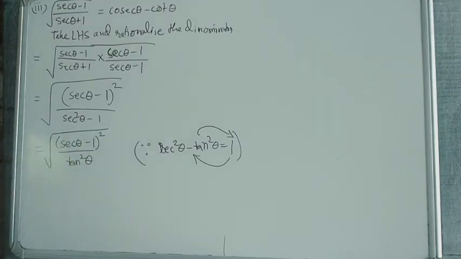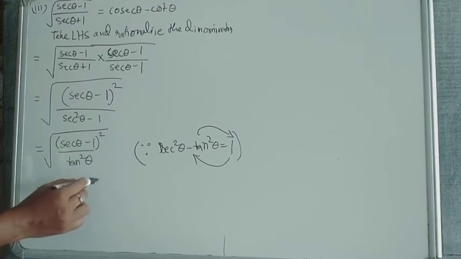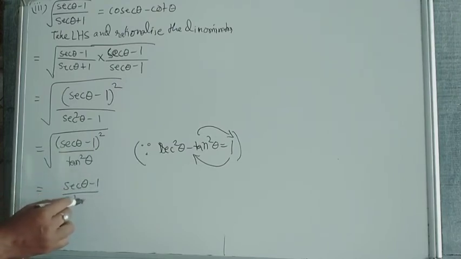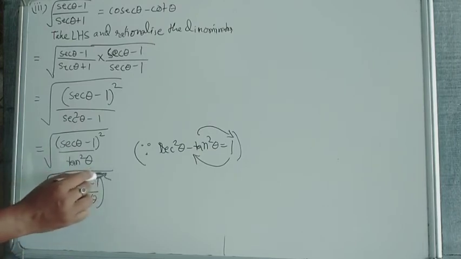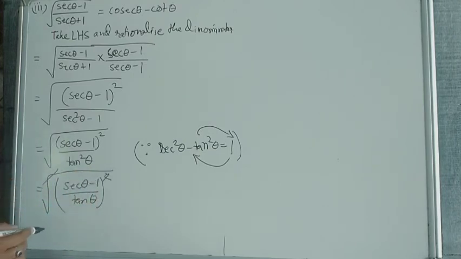So whole root. Now there is a square, there is a square, so I can make it into whole square. Sec theta minus 1 by tan theta whole square, whole root. Roots get cancelled.